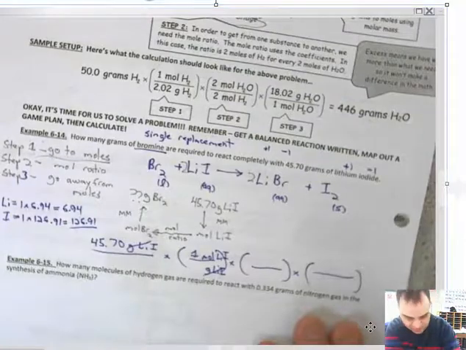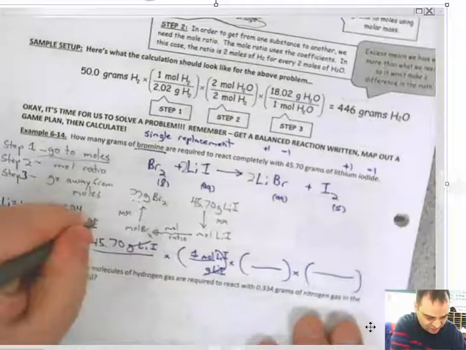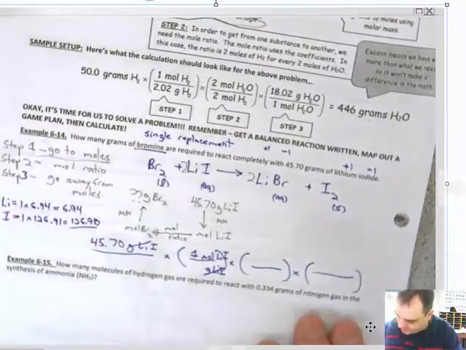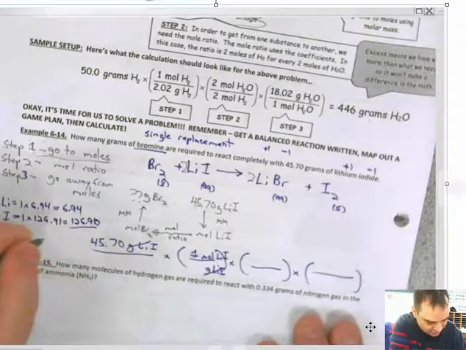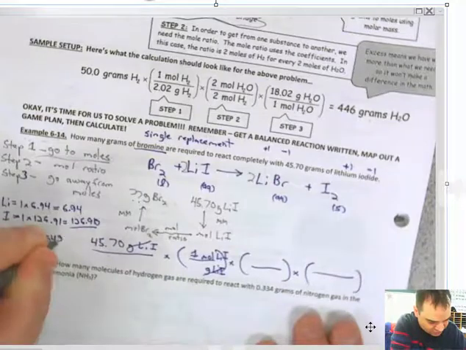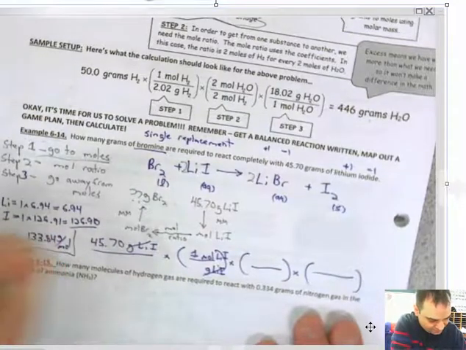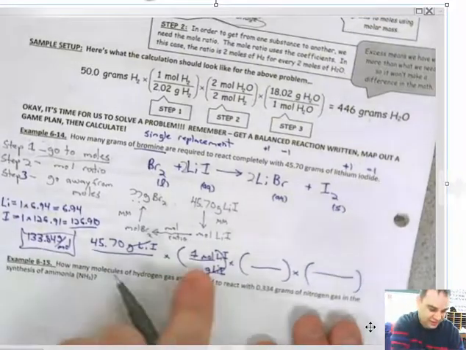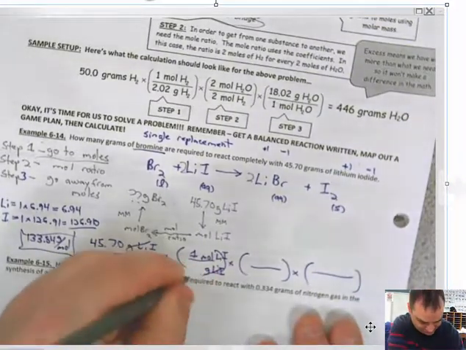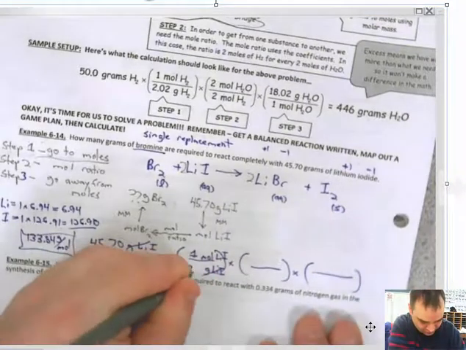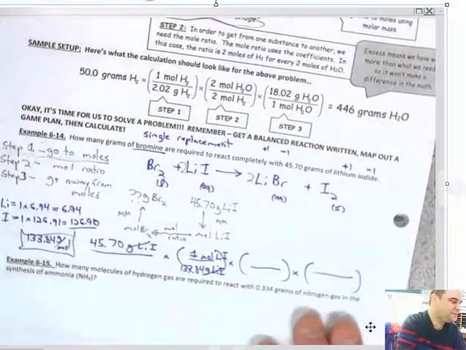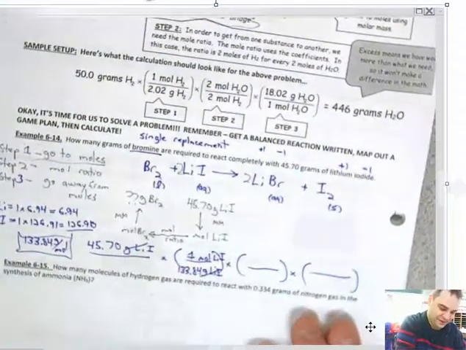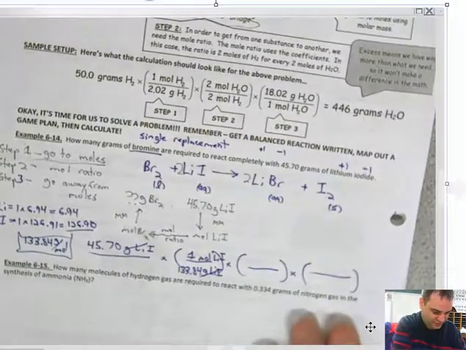So then we're going to get a molar mass of 133.84 g/mol. Down with the gangsters. So this is actually the flipped gangster here. 133.84 goes right there. Okay. That is step 1.